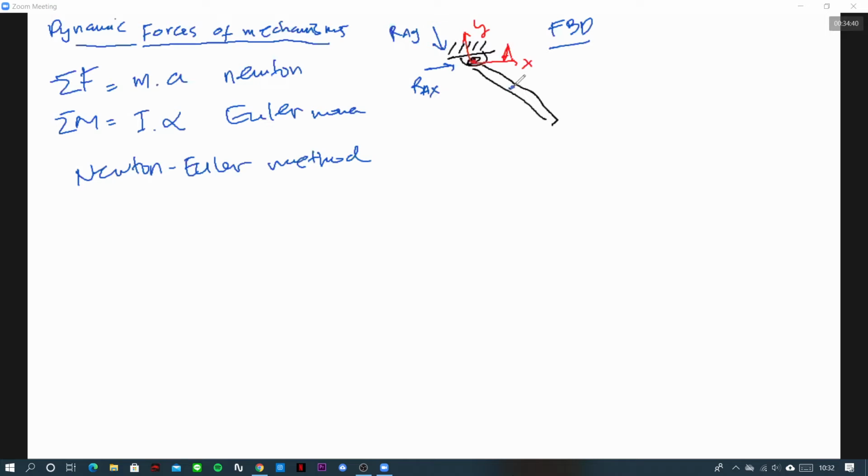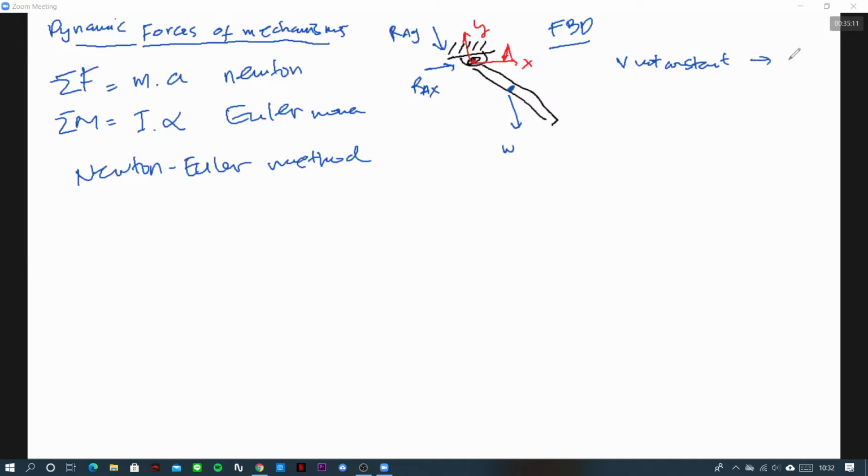What else have we got here? There is the weight. Because the velocity is not constant, so it means it has accelerations. V is not constant, neither zero nor constant, so we have a.